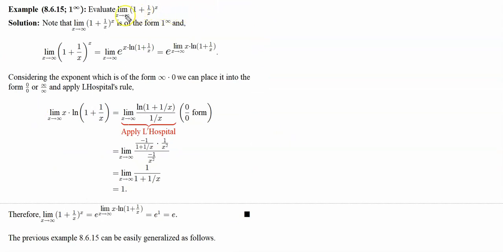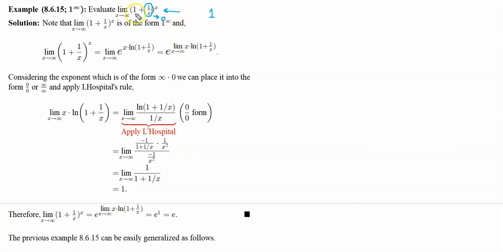Now here in this example, we want to evaluate the limit as x approaches infinity of 1 plus 1 over x to the x power. Now let's note what form this limit takes. As x is approaching infinity, 1 plus 1 over x is going to be approaching 1, right? Because the 1 over x term right here is going to be going to 0.